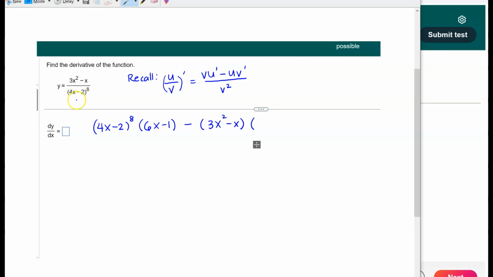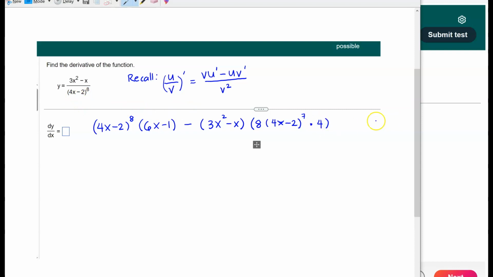So this is of the form u to the n. So that means the derivative is 8 times 4x minus 2, so that's your u, to the 7th, because 8 minus 1 is 7, times, you don't stop there, the derivative of u, times the derivative of the expression here, which is 4.